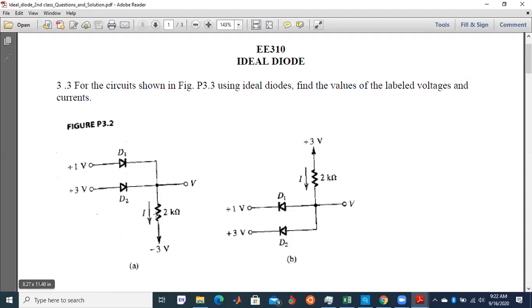So to calculate the current that flows through the circuit, we use I is equal to the 3 volts here minus 3 volts here divided by 2 kilo ohm. That will give you what? 6 divided by 2 kilo ohm, which is equal to 3 milliamps.